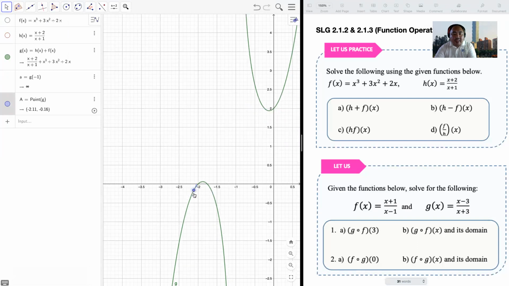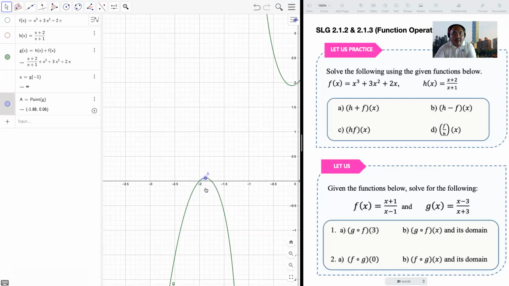I guess we're looking at somewhere about negative 1.88.